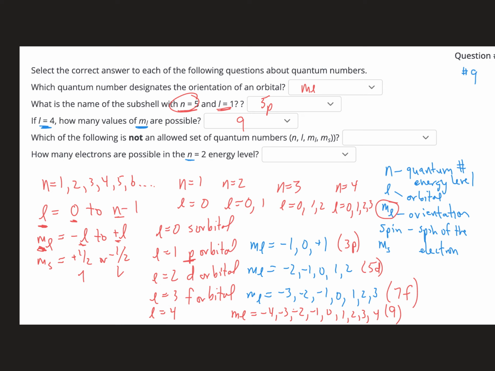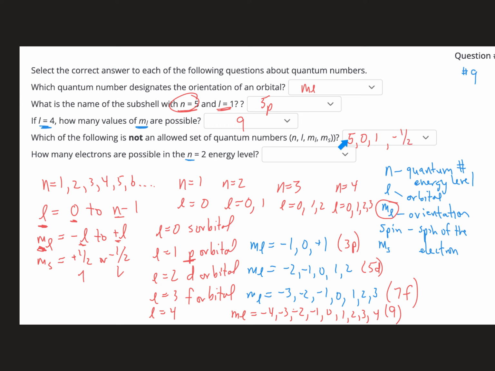Which of the following is not an allowed set of quantum numbers? So for this one, it was a drop down. It was multiple choice. I had to look and see all the choices. And of the choices they listed, the one that would be incorrect, they gave you these following numbers: 5, 0, 1, and -1/2.